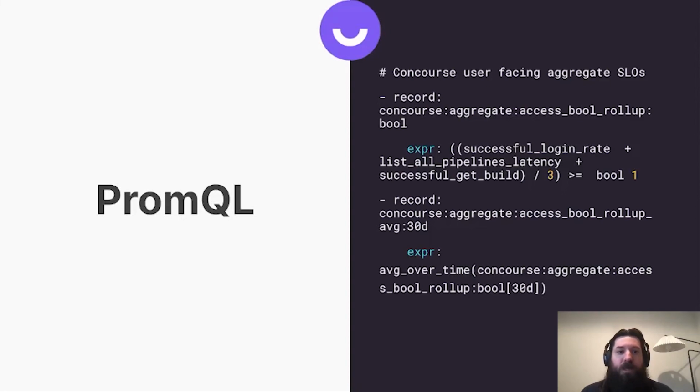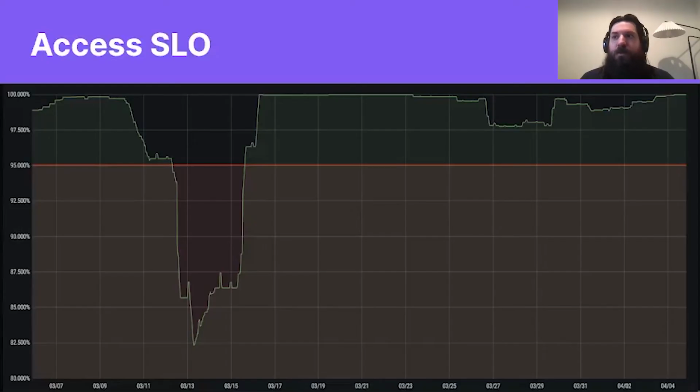So what that looks like is this. You can see for the past month, we were exceeding our 95% SLO target. We did have a service impacting outage, where we missed our SLO for a brief period of time and it was causing problems for our users.